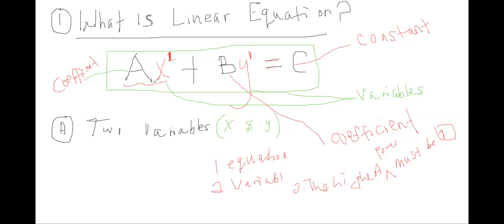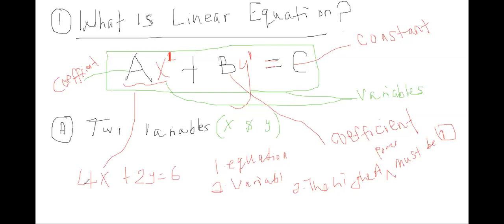For example, this is a general form, what we have here. But to be more specific, we can have something like 4x plus 2y equals 6.